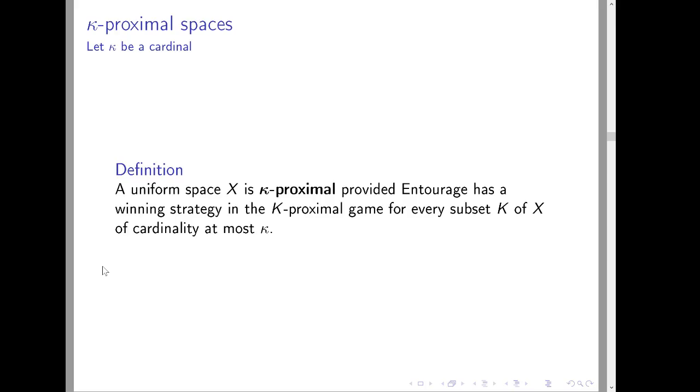So here's how we can define a kappa proximal space. If you take a look at the K proximal game for every subset K of X of cardinality at most kappa, and entourage can always win, then that's what we're going to call a kappa proximal space.